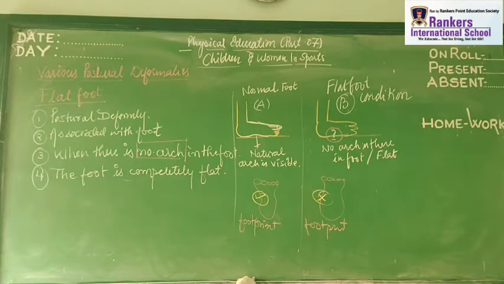It is easy to observe and diagnose whether a person has flat foot deformity or not by using the wet test method. Which test method? Wet test method. What is this wet test method? It means taking a print of the foot of an individual.